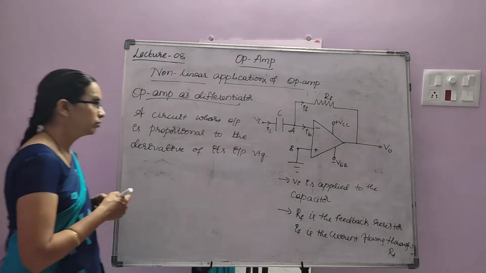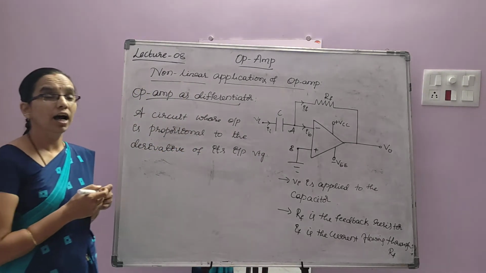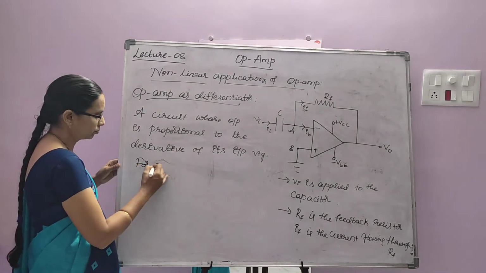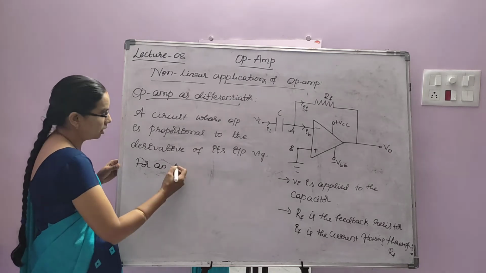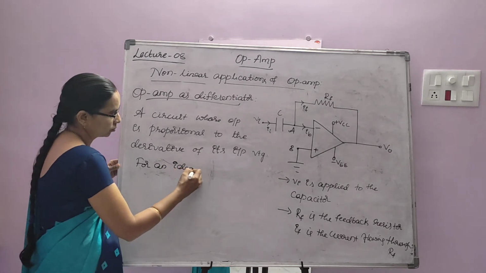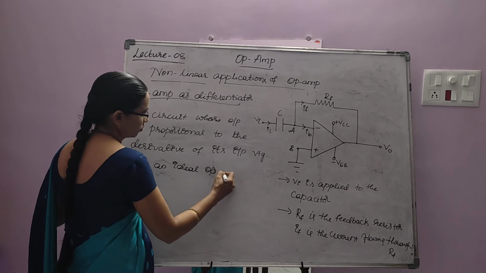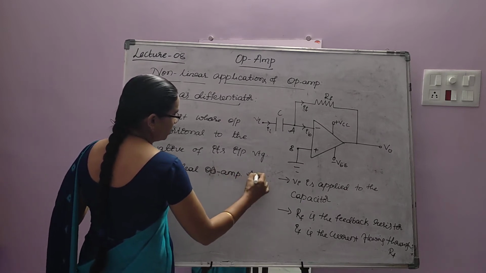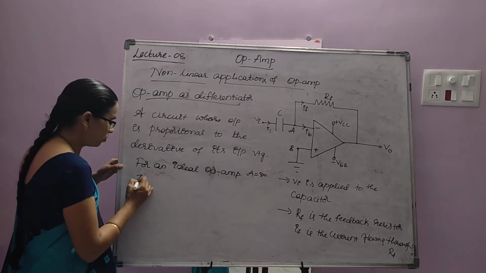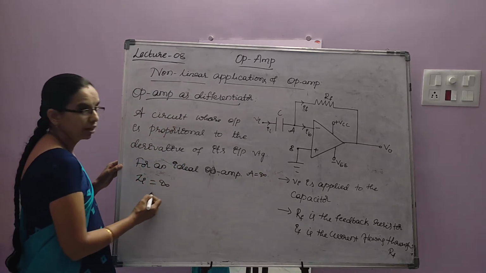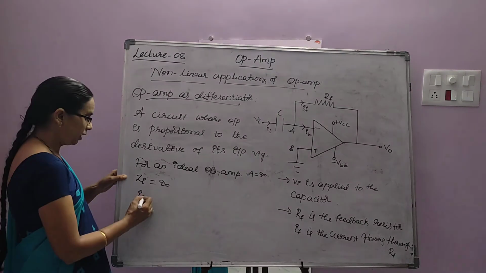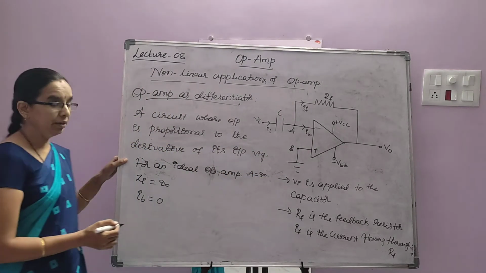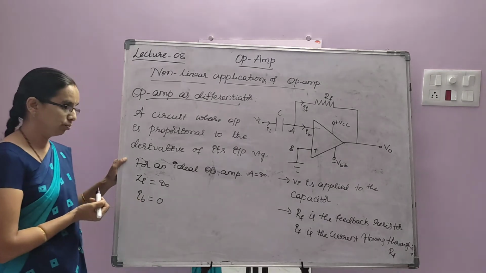As we know, here also we are considering an ideal op-amp. For an ideal op-amp, the gain A is equal to infinity, and also the input impedance is infinity. Therefore, the current entering into the op-amp, that is represented by IB, will be 0.